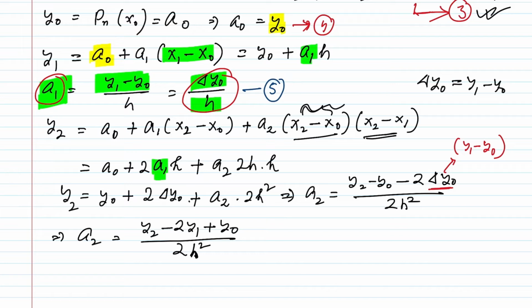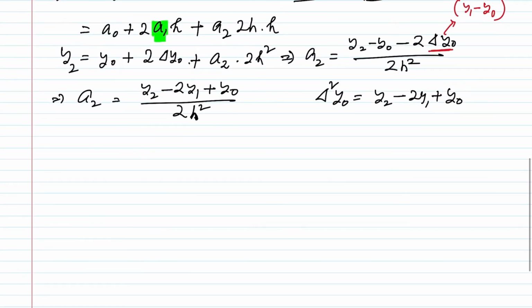And if you check the forward difference table, we have already got that del square y naught is equal to y2 minus twice y1 plus y naught. You may check the difference table if you have noted this one. Now you see, a2 will be del square y naught by twice h square. So this is a2. Similarly we can find a3.